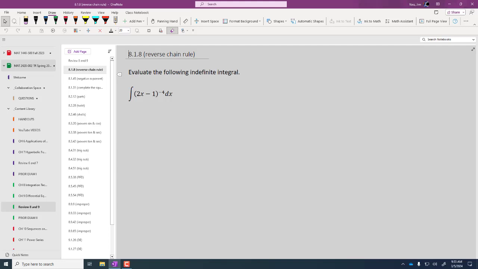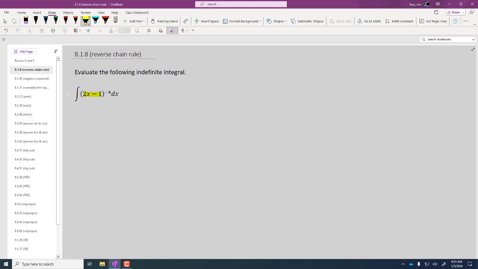It's very common to have a base or an angle or an exponent that's not just x. It's more complicated than just x. And if it's more complicated than just x, we use reverse chain rule. You could use substitution if you wanted, but again, we've seen that that's just a lot more work.